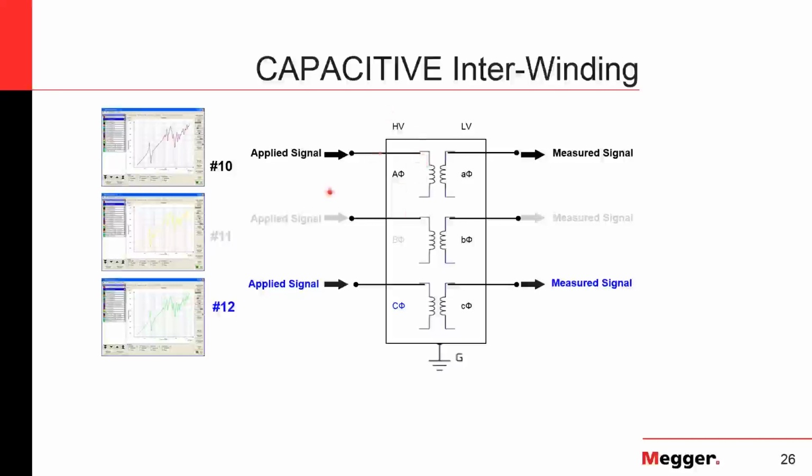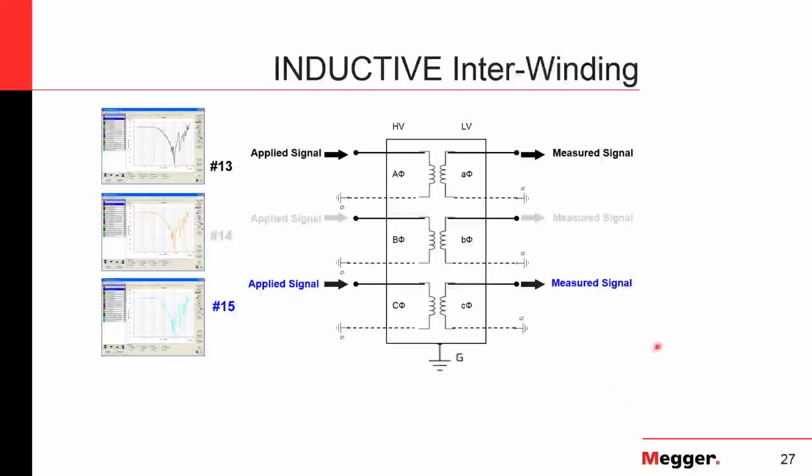So you apply on one side of the winding on the A phase, on the high side, and then you connect on the same point on the low voltage side, or the secondary on the A phase there, and measure there. And then you do that for B phase, and you do it for C phase, but everything else is left floating.